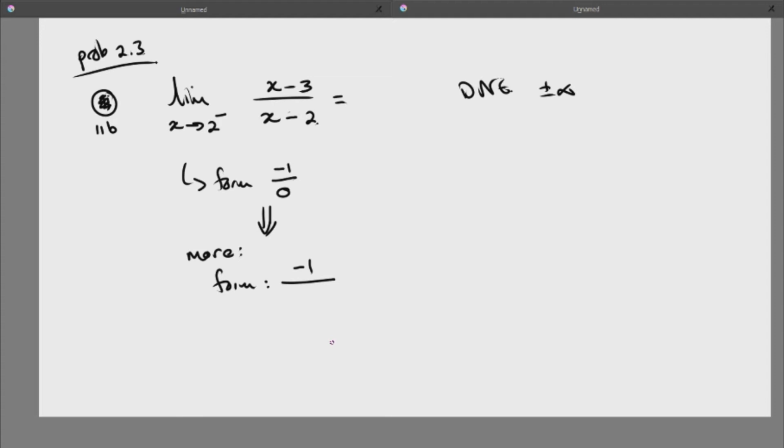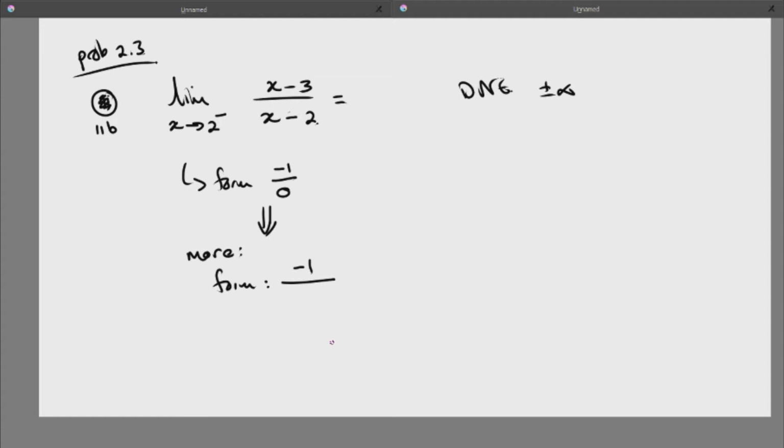So if I have my x values being a little less than 2, and I subtract a whole 2, what is my answer? 1.9 minus 2. Negative. 1.99 minus 2. Still negative.